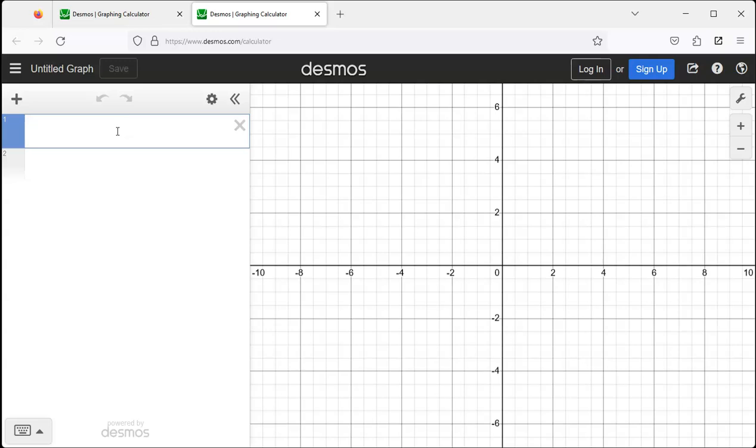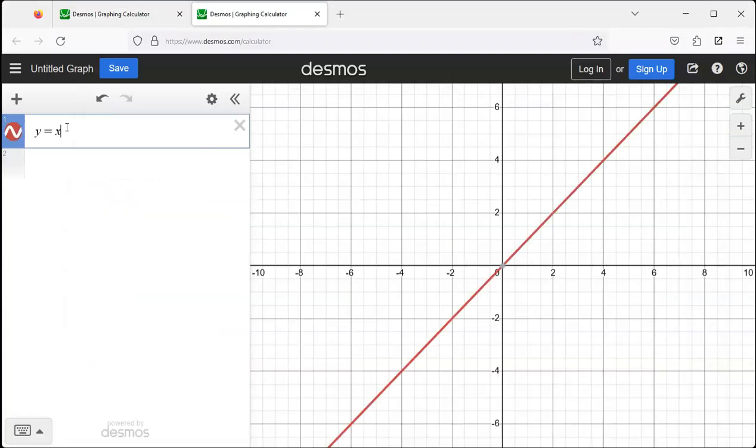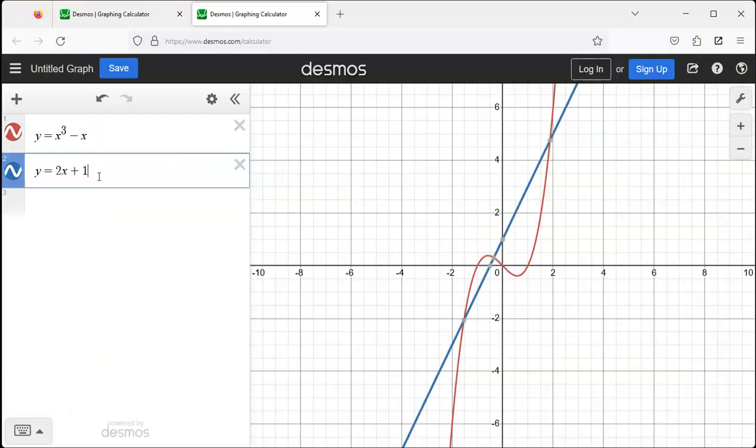And then let's put this graph of equation y equals x cubed minus x, and y equals 2x plus 1. And by now, you must have gone through y equals to something expression.